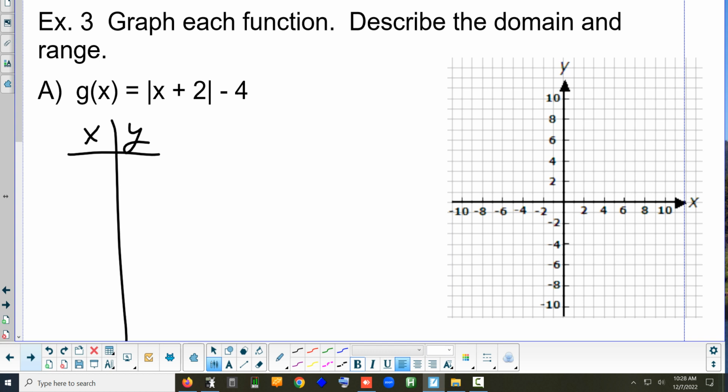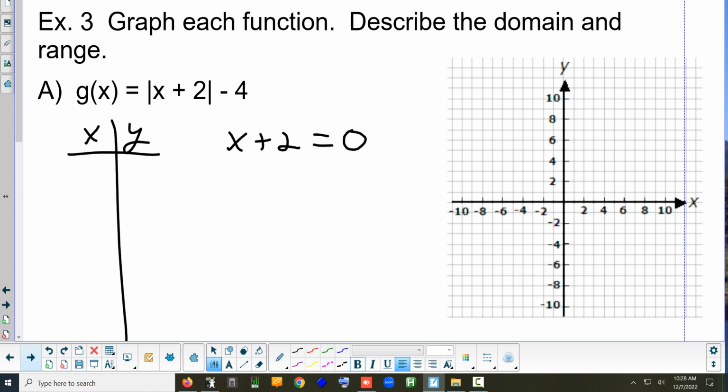So what's inside the absolute value bars? X plus 2. So take everything that's inside the bars and set it equal to what number? Set it equal to 0.